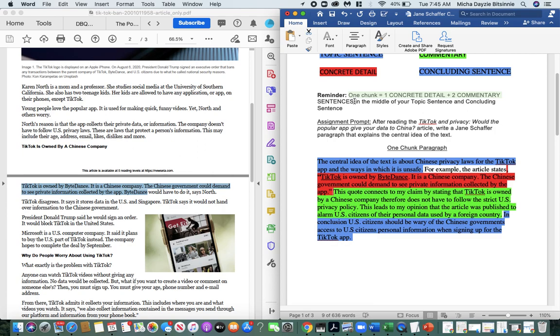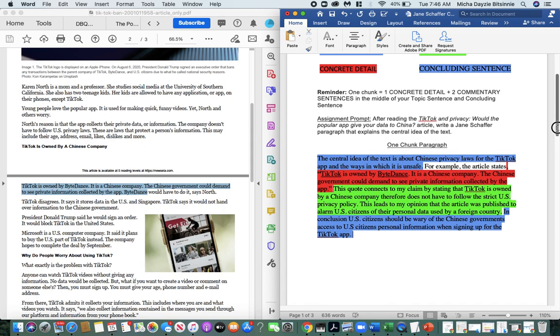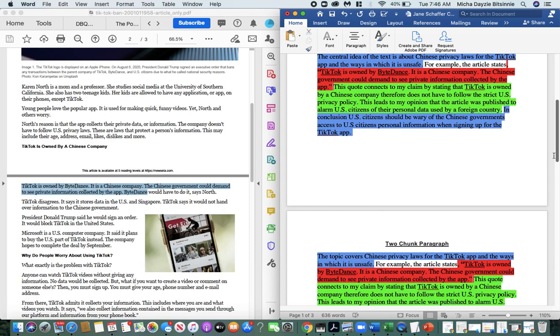And these fit in the middle of your topic sentence and concluding sentence. So the pattern is always start with topic sentence and then concrete detail, commentary 1, commentary 2, and then concluding sentence. And you're going to start off the two-chunk paragraph the same way. So we're just going to take this information here.